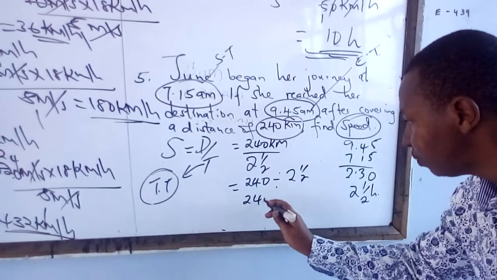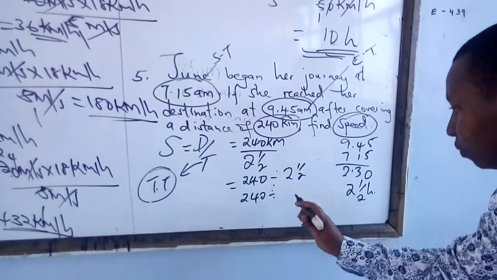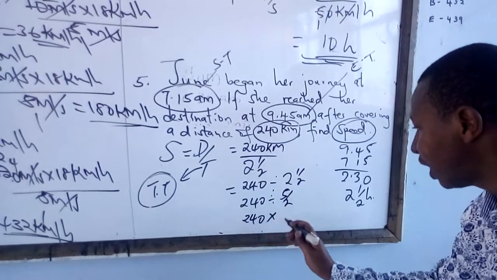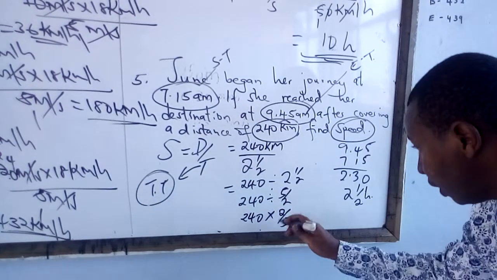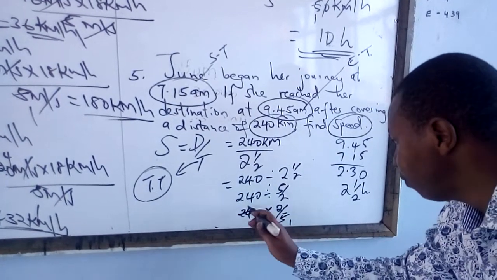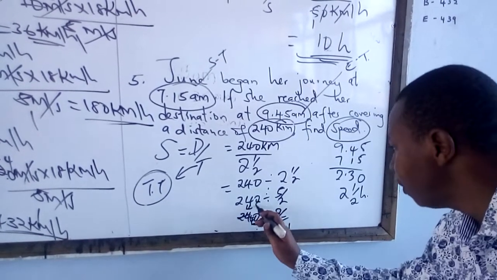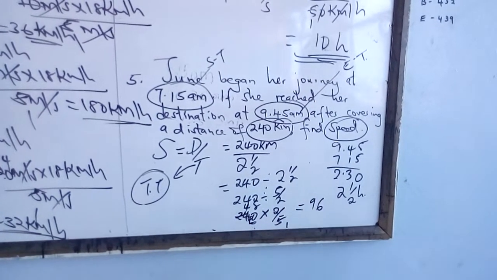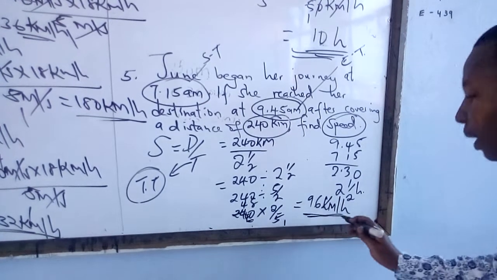Make it improper, so this is 5/2, which is 240 times the inverse of 5/2, that is 2/5. Then simplify to get 48 times 2, which is 96. Remember, you are told to find speed. So it is 96 kilometers per hour.